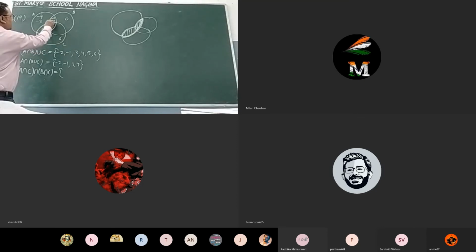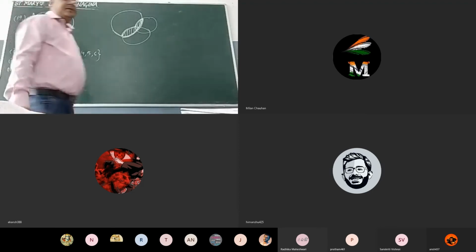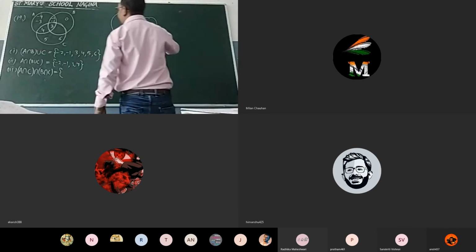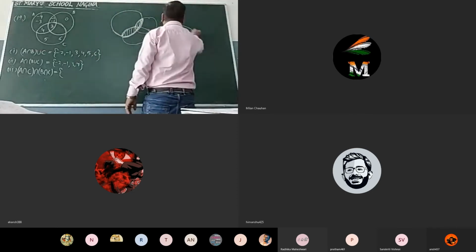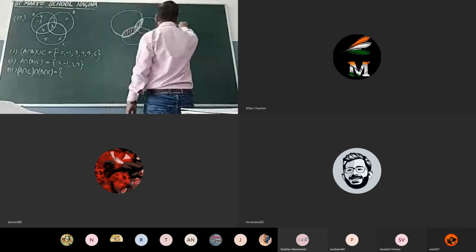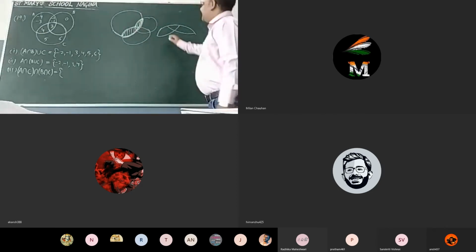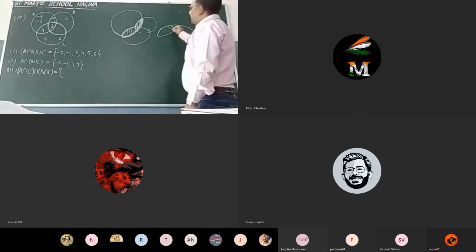And B intersection C, this portion. So what is the common portion of A intersection C and B intersection C? You can see this is A intersection C, this is B intersection C. This is the common portion.